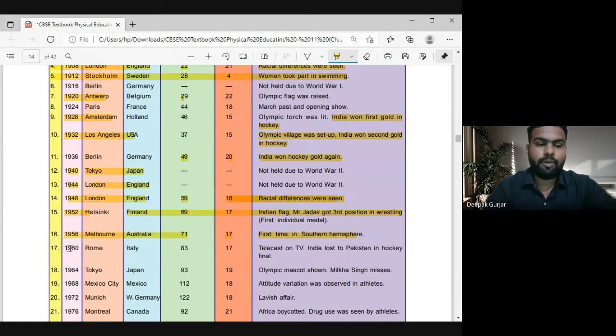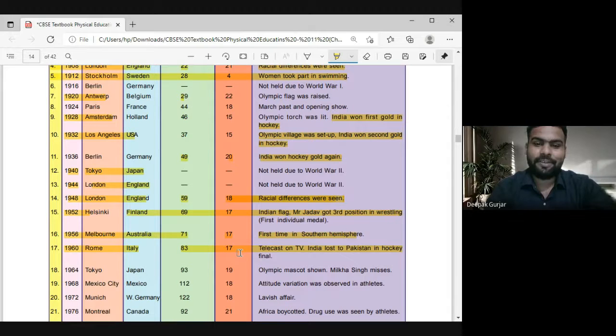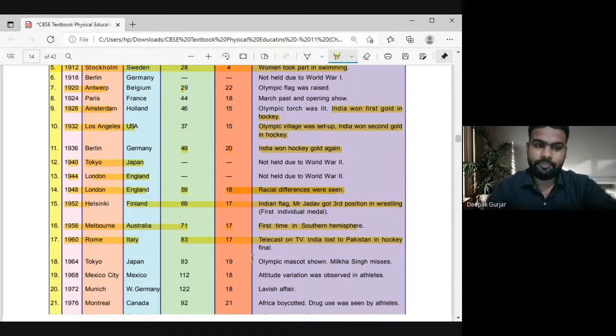Now, if we talk about 1960, that is Rome, Italy, as Rome is a city and Italy is a country. So 83 countries participated, and there were 17 activities. And it was the first time, children, that the modern Olympic Games were telecasted on TV. And India lost to Pakistan in the hockey final.